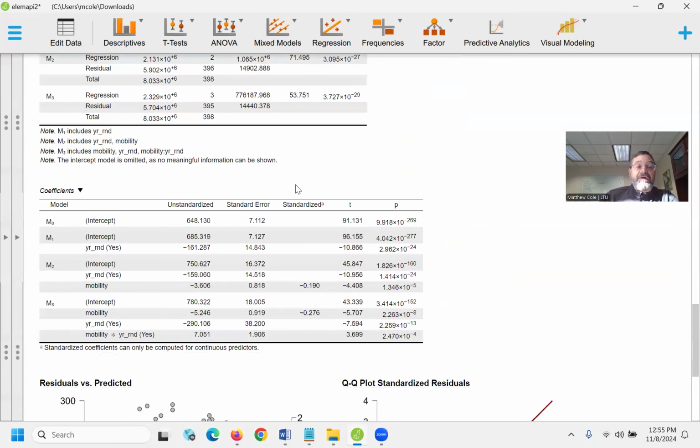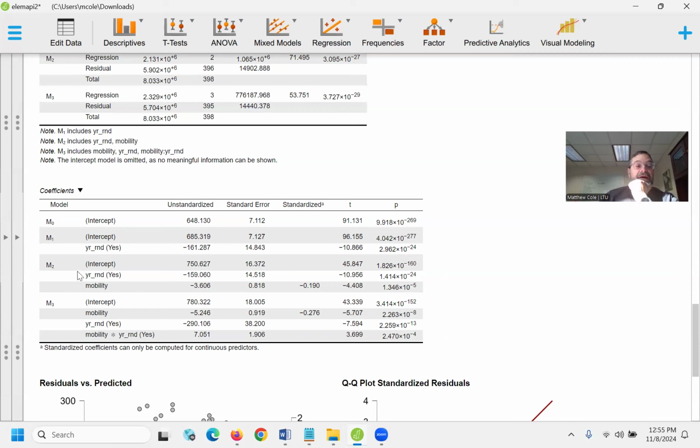Okay. Now, the actual regression coefficients, well, here they are. So we see that in model 1, year-round is very significant. The beta is, excuse me, negative 161.29.